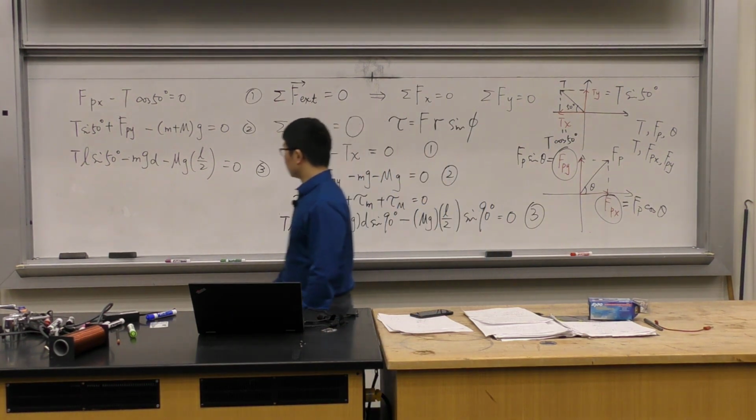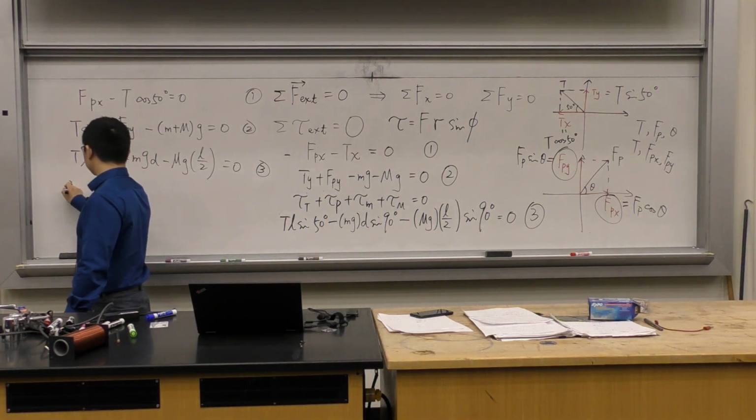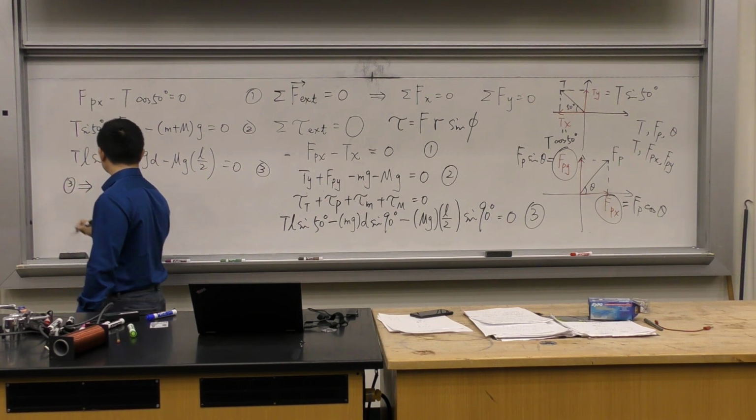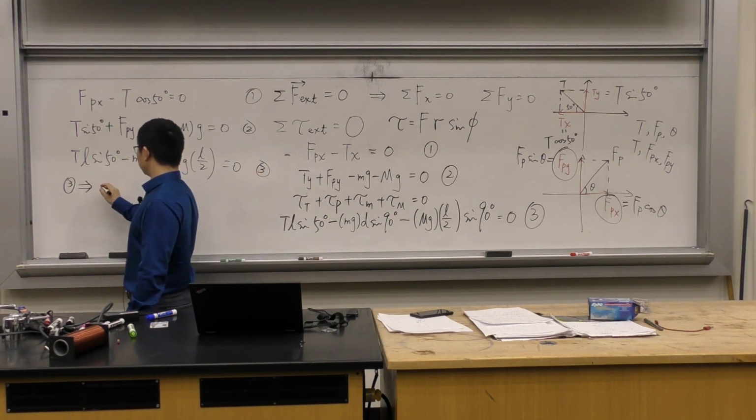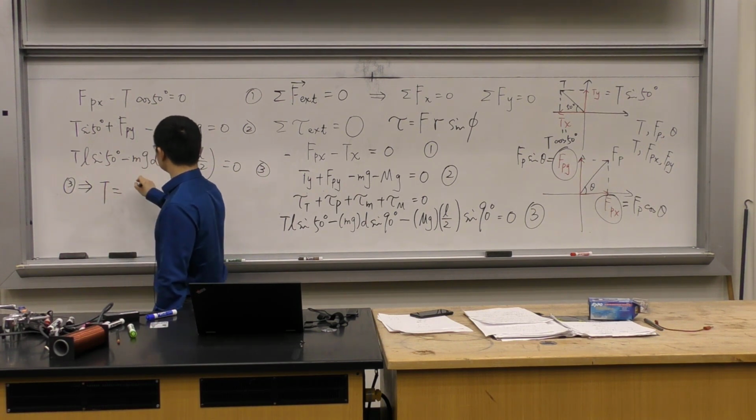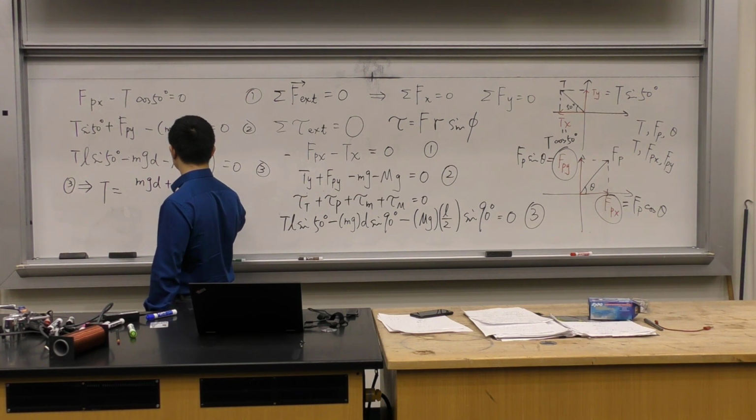All right, so now let's see. I'm going to solve the third equation. If you solve the third equation, you just move these two terms to the right and divide by this, right? So you will get this plus mg divided by L sine 50.